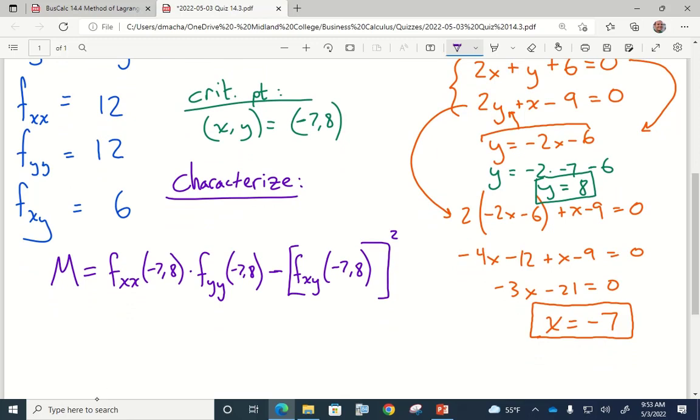So these second derivatives and the mixed partial derivatives, they're all just constants, so it actually doesn't matter what my x and y value are for my critical point, because I don't see any x's or y's in any of these formulas. So M is just equal to 12 times 12 minus 6 squared.